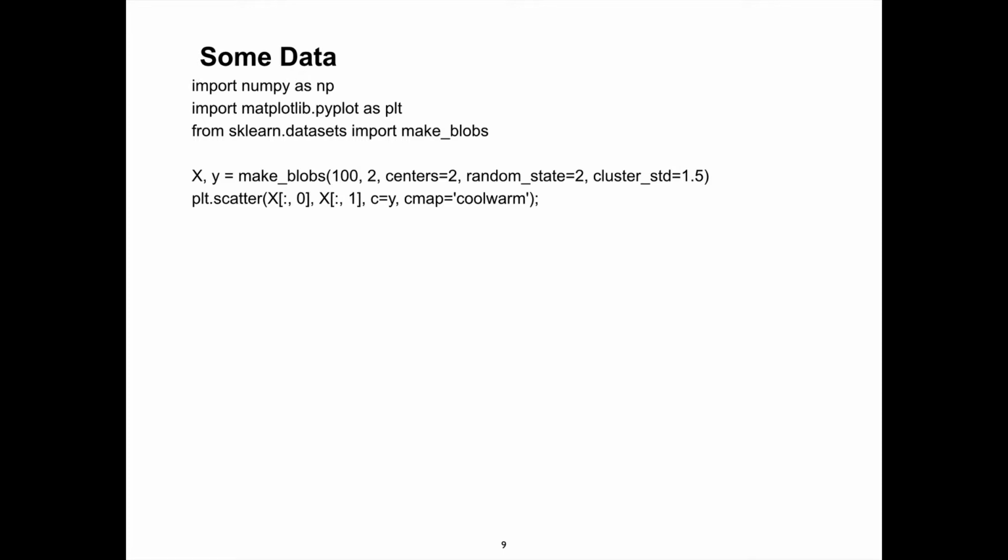And then we get several things. One is we get X, which is our feature matrix, so it's our independent variables. And then the Y is our dependent variable, which category it's in, the first blob or the second blob. And since there's only 2 blobs, we can then plot.